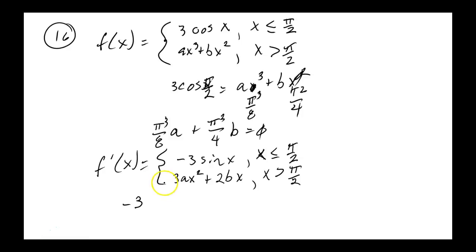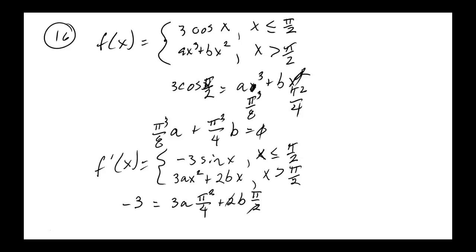So that would be minus 3 must be equal to 3a pi squared over 4 plus 2b pi over 2. Yep, those 2's go out.